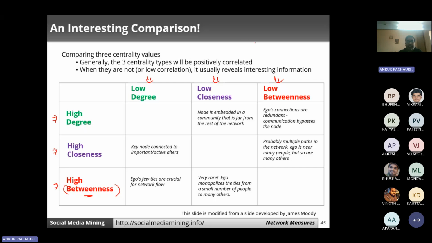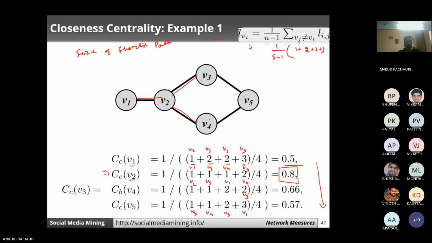High degree means connectivity is high, but it is not close. Low closeness means there are multiple shortest paths.